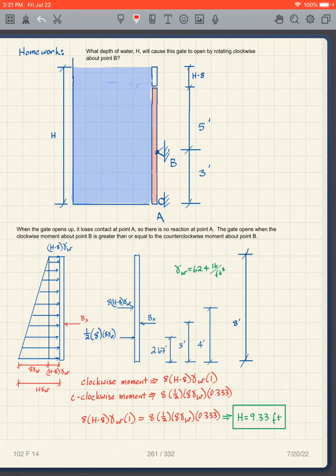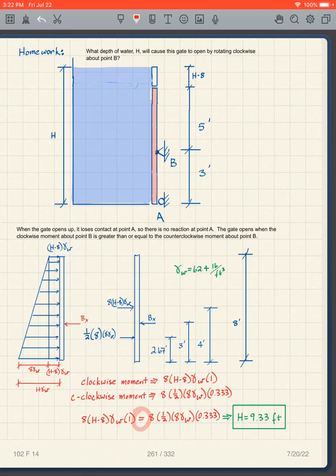You can see that there's a moment going around this way, but there's also a moment going about this way. When the clockwise moment is just slightly bigger than the counterclockwise moment, then we know that this gate is going to rotate. So I'm going to set them equal to each other.